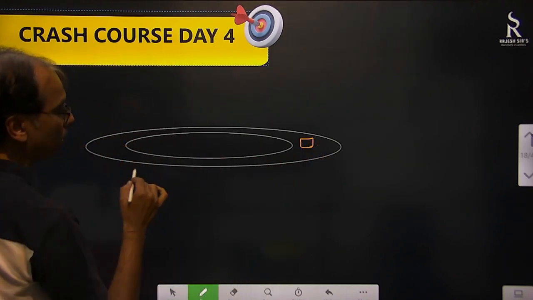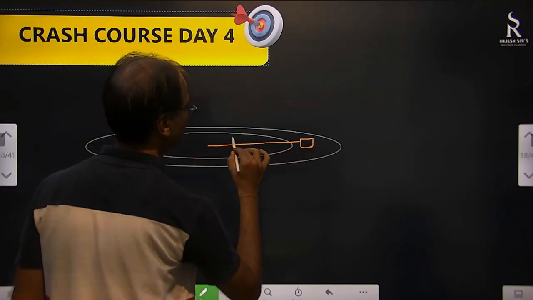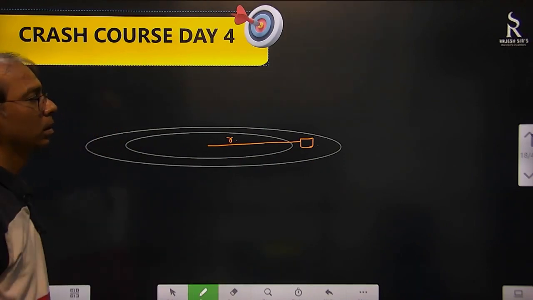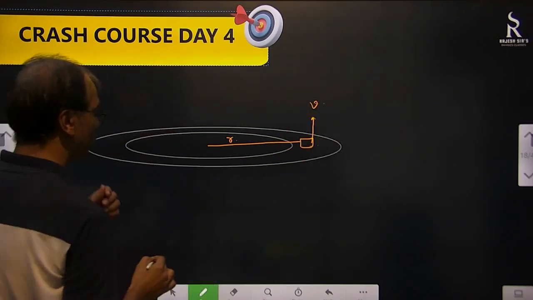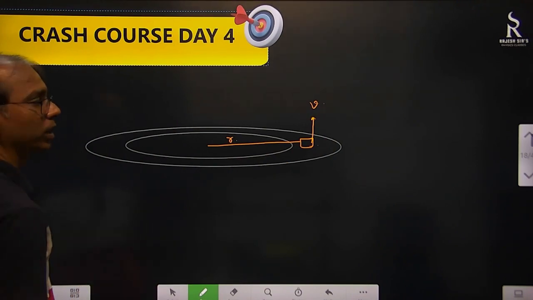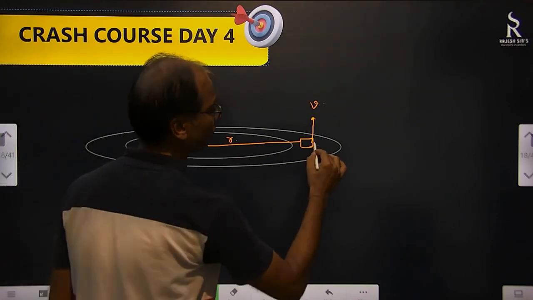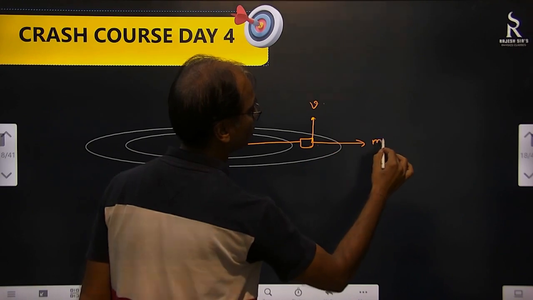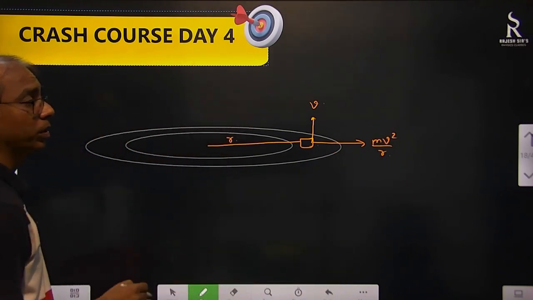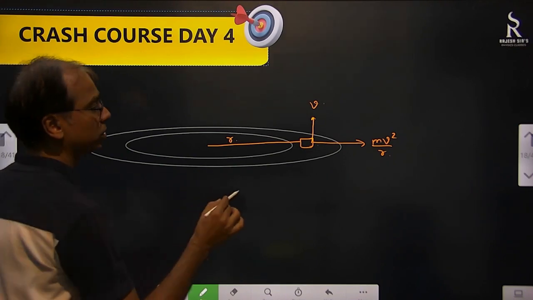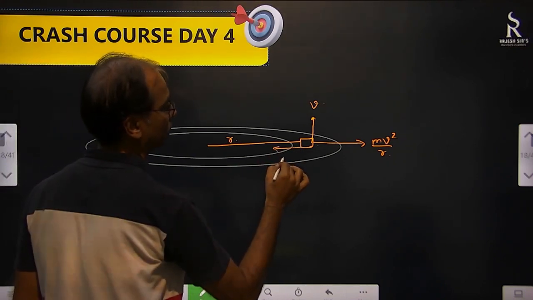This is the radius, and it's moving with, let's say, velocity v. So what will happen here? There will be centrifugal force acting, like this, mv square by r. So then you require something to prevent it from moving there. It is friction acting.